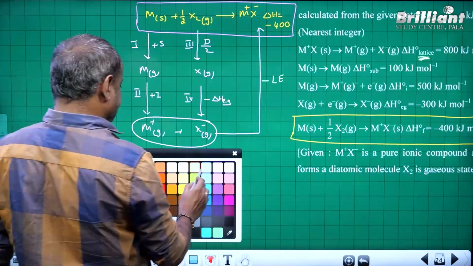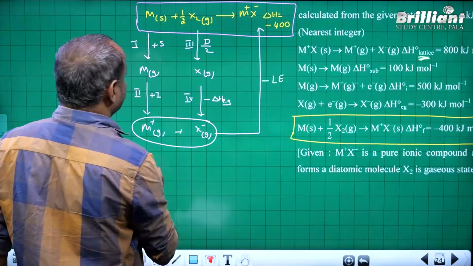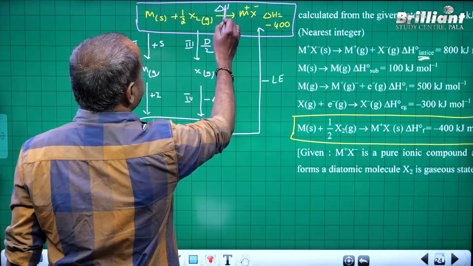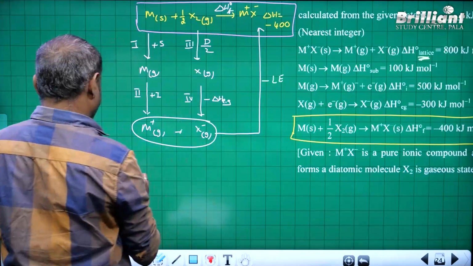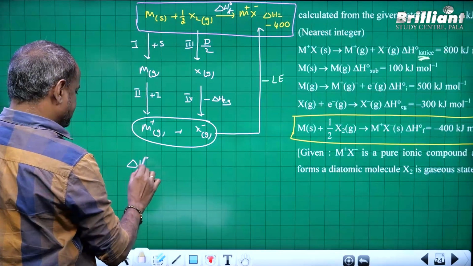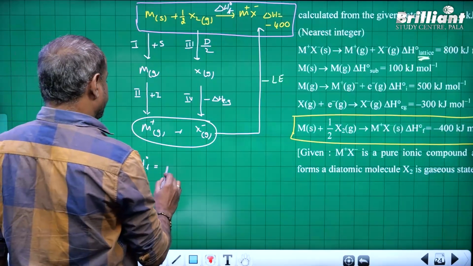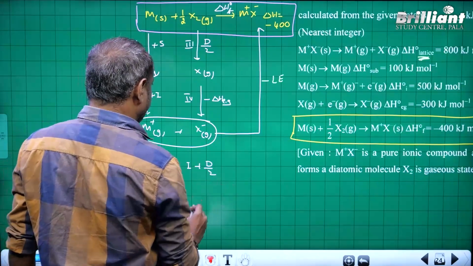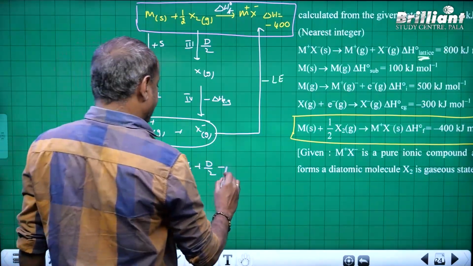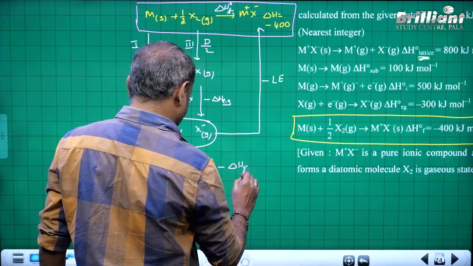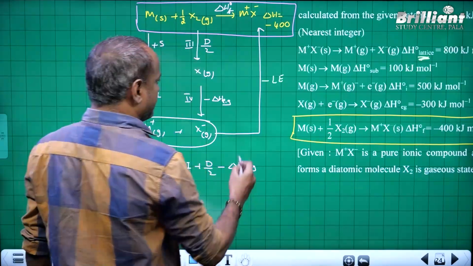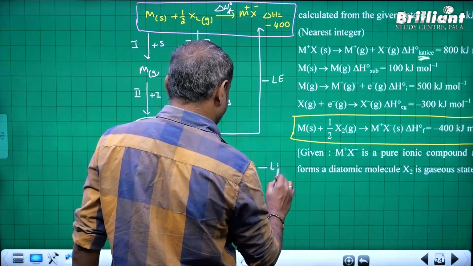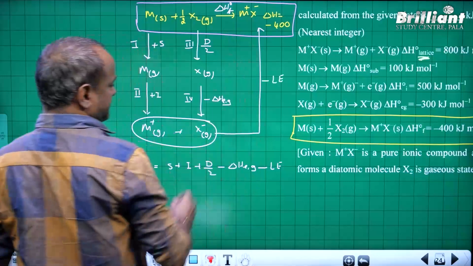Now the formula is delta HF, the direct step, delta HF is equal to S plus I plus D by 2 minus delta H Eg and minus U minus Le, because it is formation.